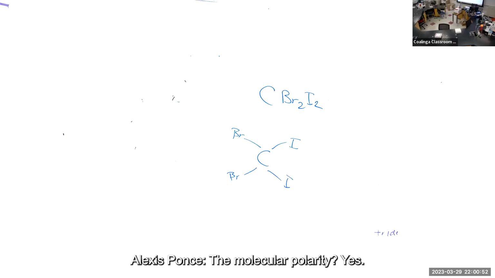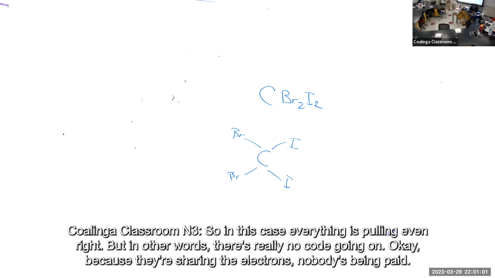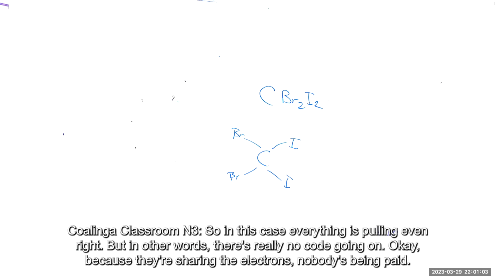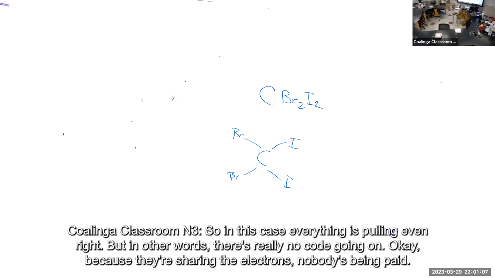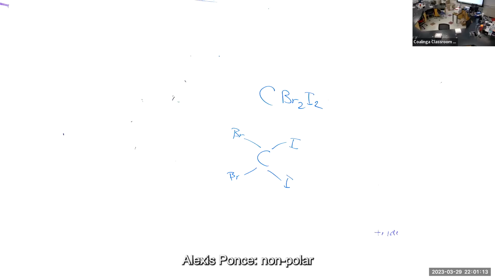You look at the overall molecule. In this case, everything is pulling evenly, so there's really no pulling going on, because they're sharing the electrons. Nobody's being favored. So the overall molecule is going to be what? Non-polar.